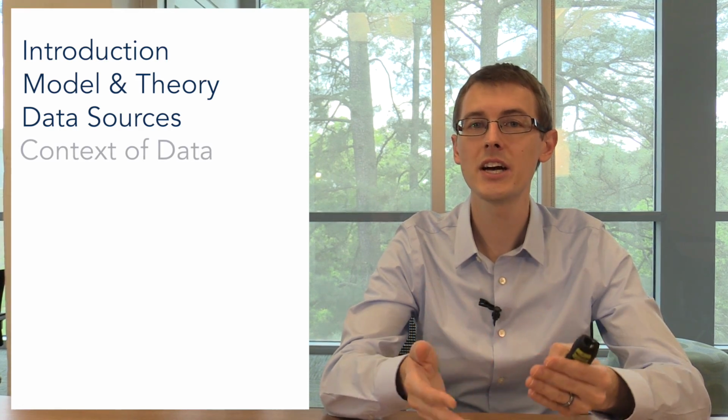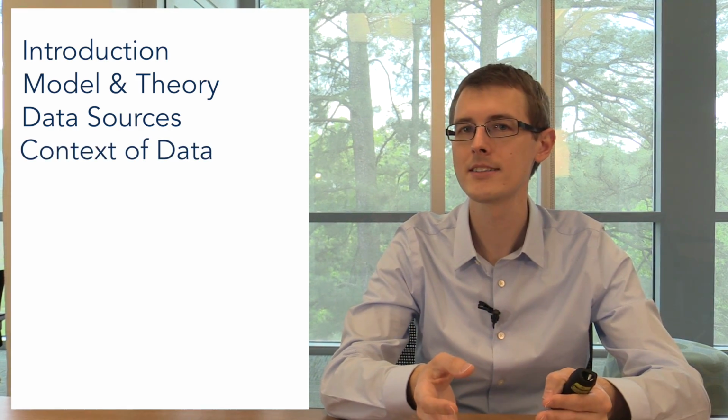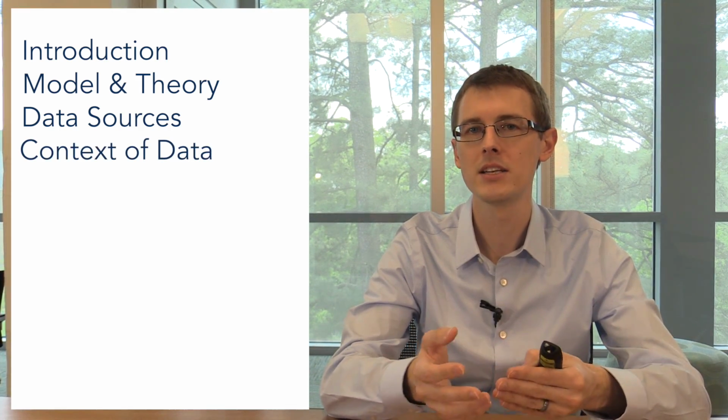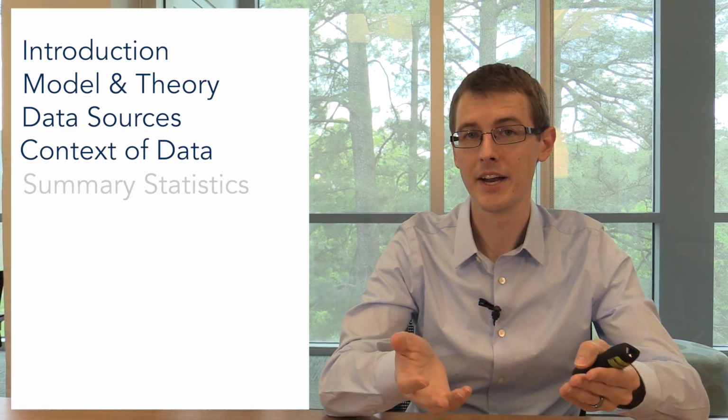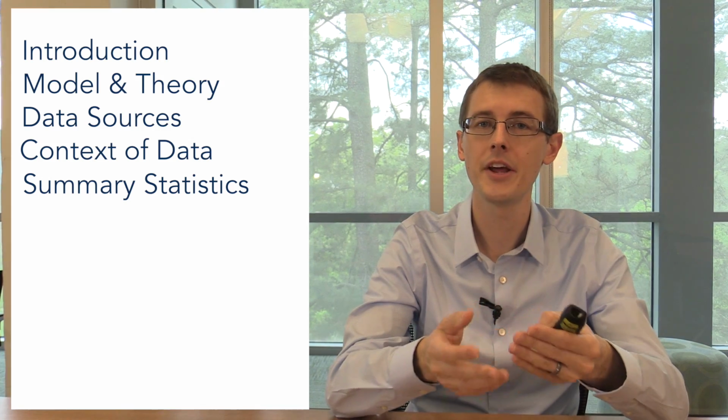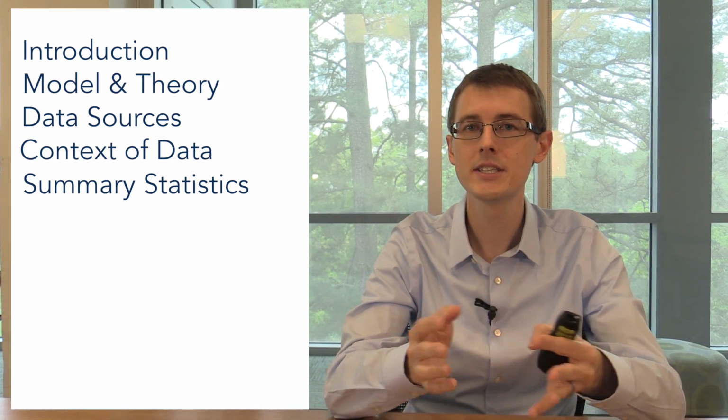Then they'll talk about the institutional details and give you some discussion of the particular context of the data and the policy or the treatment. Then they'll give you some summary statistics of their data. Some means, some standard deviations, some mins and some maxes, just to give you an idea of what the data looks like.